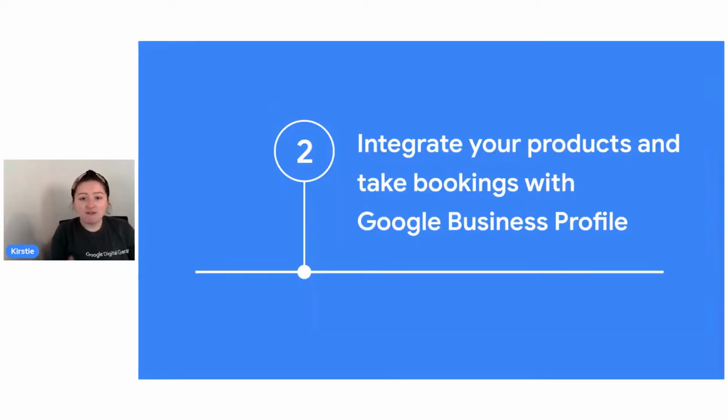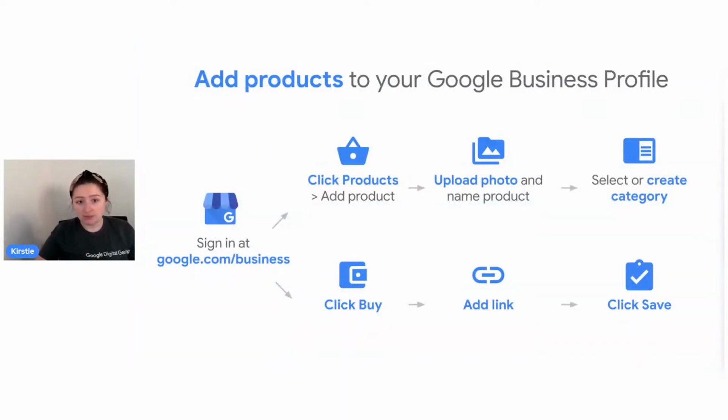So with the 5 minutes we have left, let's start thinking about how we can use that as a retail company to integrate products or take bookings with that profile. Once we're signed in to our Google Business Profile and we've verified that profile, to add a product, we can follow that step across the top of the screen. So we're going to go into products, we're going to add a product.